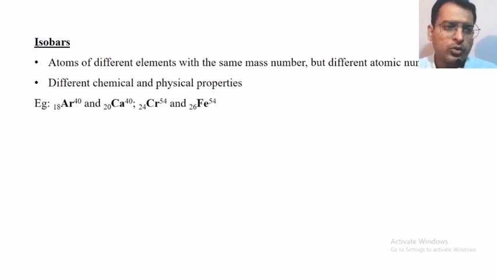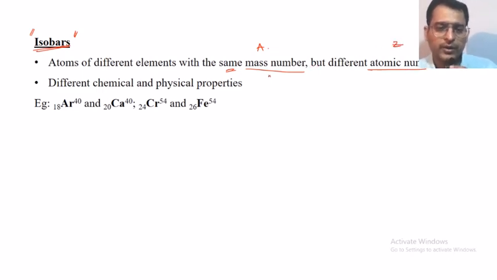Now we move on to the isobars. What are isobars? The atoms of different elements with the same mass number. Okay, mass number is the same but they have different atomic numbers.